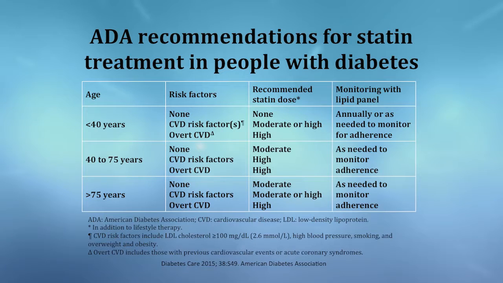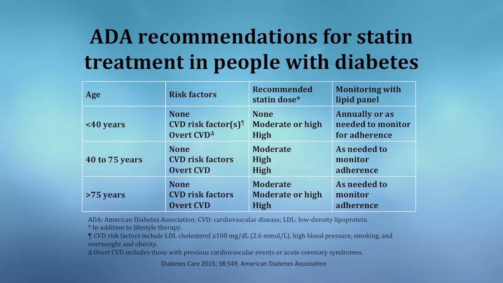Regarding the use of statins in the treatment of diabetes, if the patient is less than 40 with no risk factor for coronary artery disease, you evaluate annually by a lipid profile.